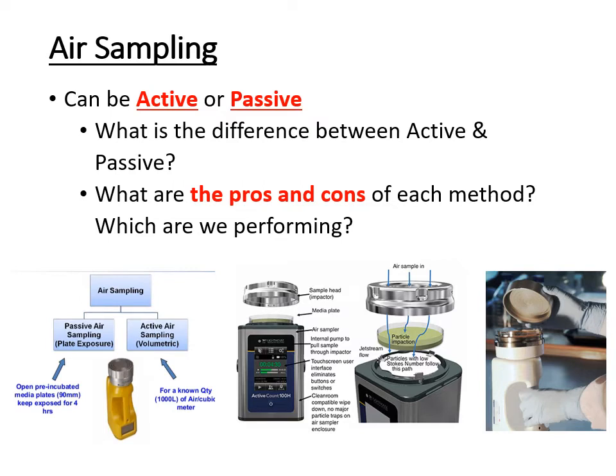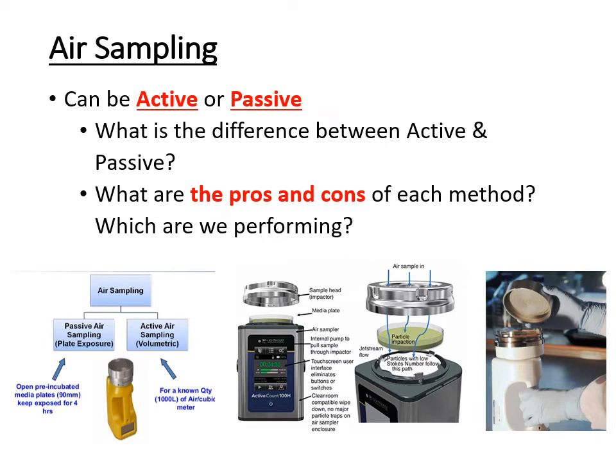The downside is you're relying on gravity in a small area. You can't get every microbe in that room. So it's going to be less accurate. It's also going to be more time consuming because you have to leave it just sitting there hoping that whatever bacteria or fungi are in that room will find their way onto the plate.